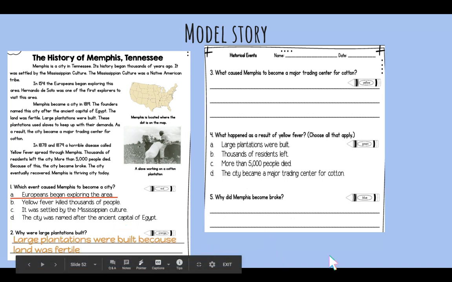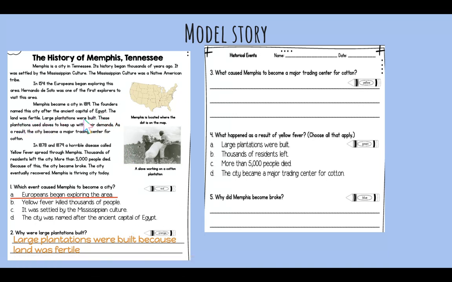Oh, there we go. Okay, so large plantations were built because the land was fertile. And if I go up here, okay, I've found my answer right here in the text. So there's that text evidence. Not only did I find that connection, but I can prove it by going back into the text. And guys, when it says the land was fertile, that just means it's easier for things to grow there.